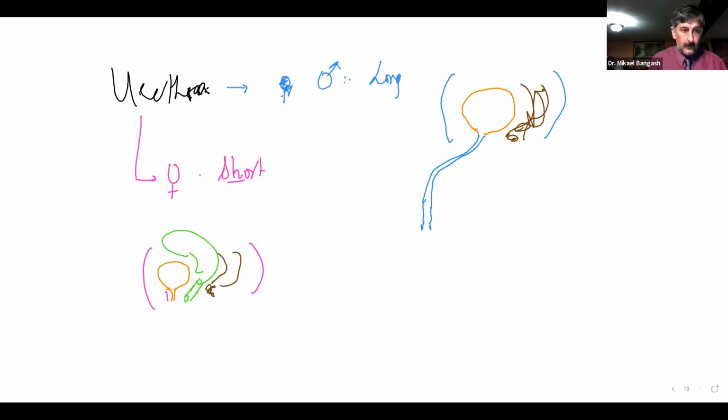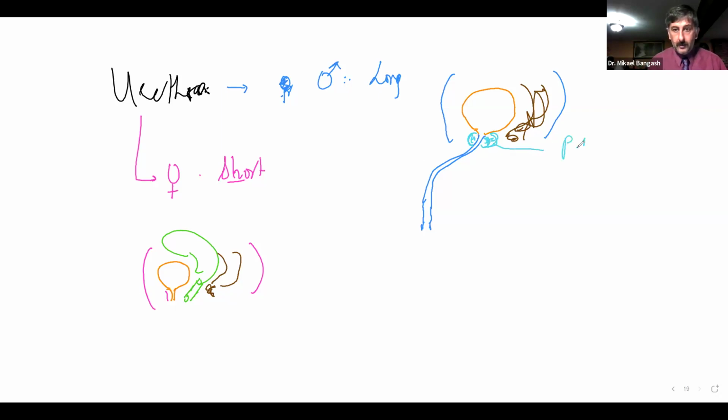Now, in the male, there's an organ at the base of your bladder surrounding the first part of the urethra.